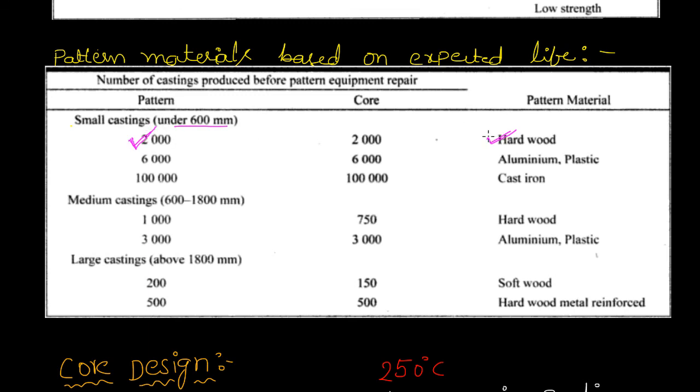Just a single pattern is used 2000 times if the size is under 600 mm. If the size is 600 to 800 mm, the hardwood pattern can be used only 1000 times. If the size is above 1800 mm, the wood pattern can be used for 500 times only. That means if the size of the casting increases, the number of times that we can use the pattern material gets reduced.